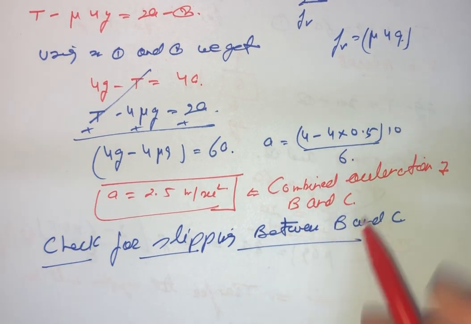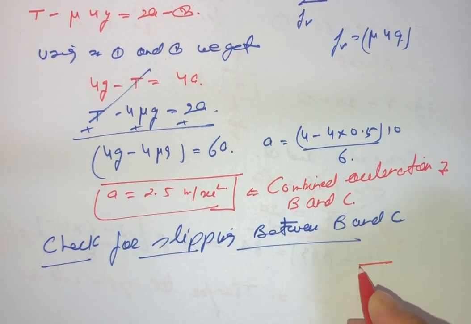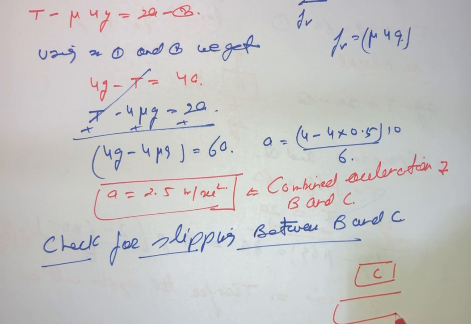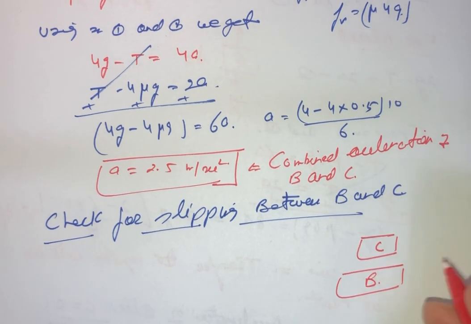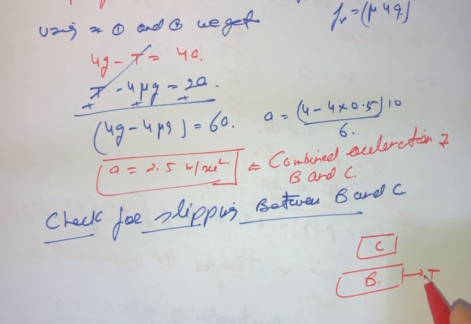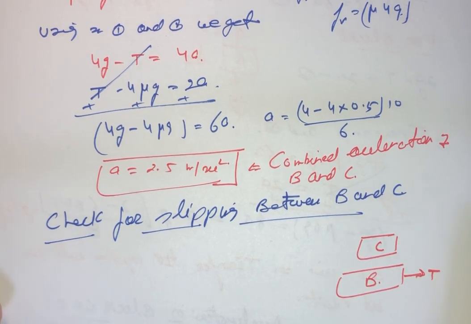So this is our block C and this is our block B. We have a tension T which is forcing block B to move to our right.